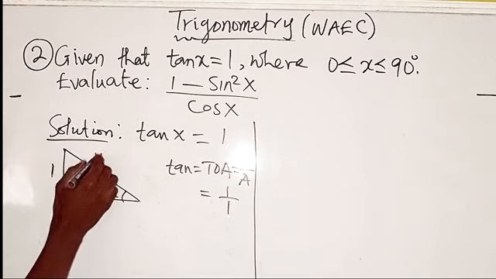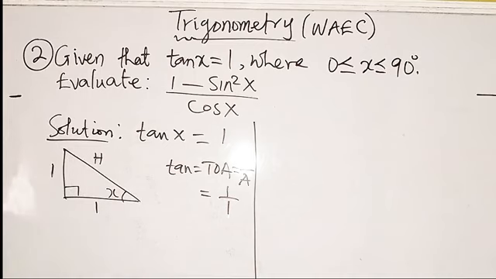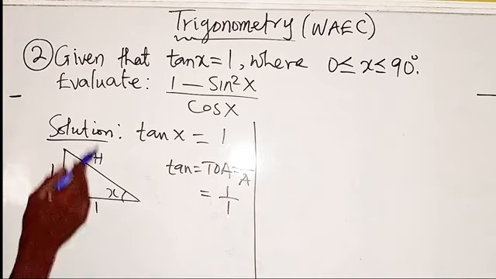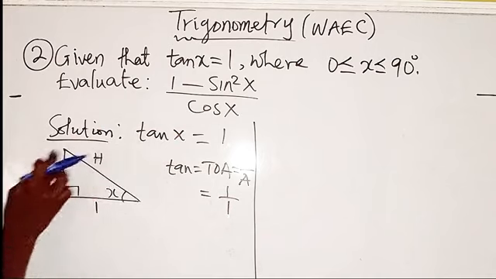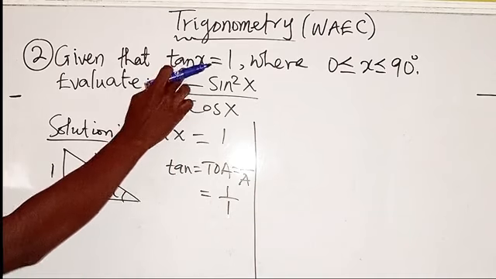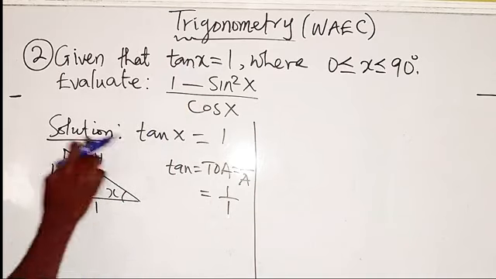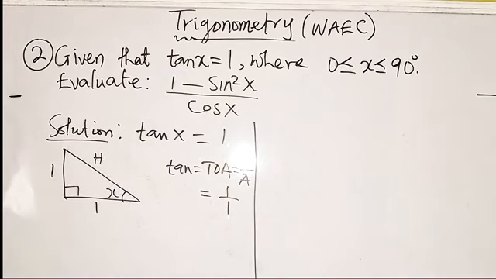Now the h is not given, which is the longest side, the hypotenuse. And I told you, whenever you are given this type of question, make sure you get all the three sides. You only use what is given to us to get the third one.